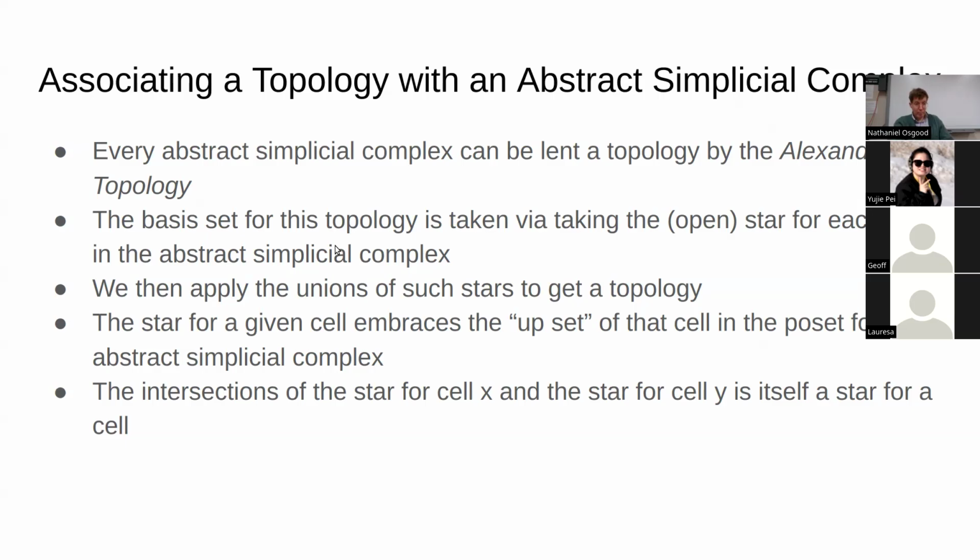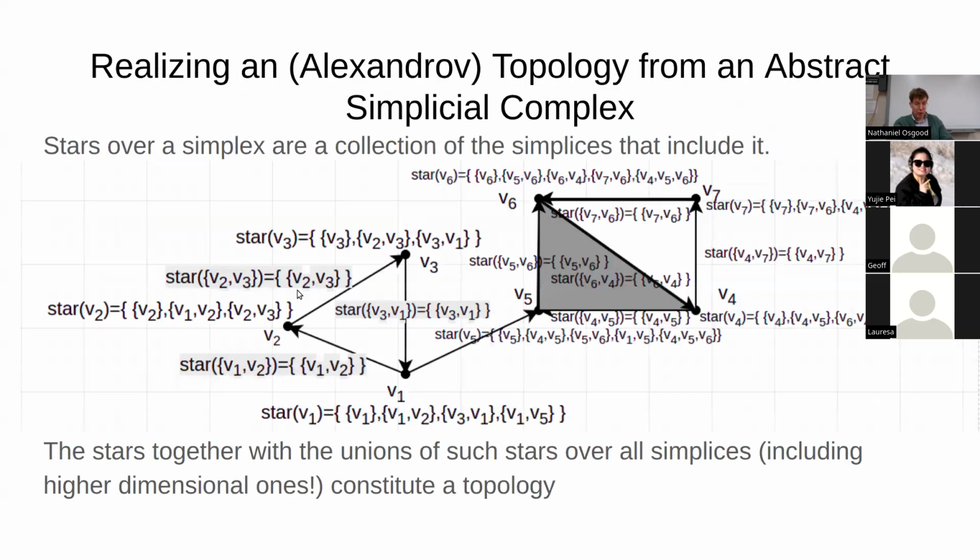And because this is review, I'll just remind us that we generate this topology by taking each simplex, and that includes not just the zero simplices, the vertices, but the higher simplices like edges and faces, this two simplex, for example.